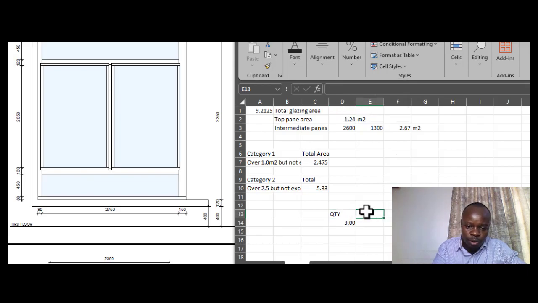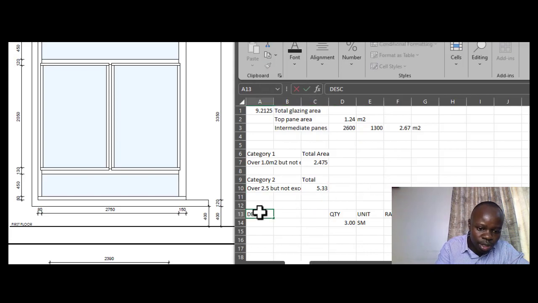The unit, of course, is square meters, and of course you'll have your rate and so on, and then you have your amount, the column for the amount. Then your description, under your description is where you're going to have the details.